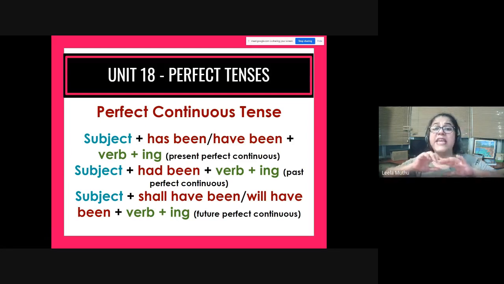We shall have been running. It sometimes mixes me up too. That's an honest statement. You all will have been running and they will have been running. So that is the future perfect continuous.